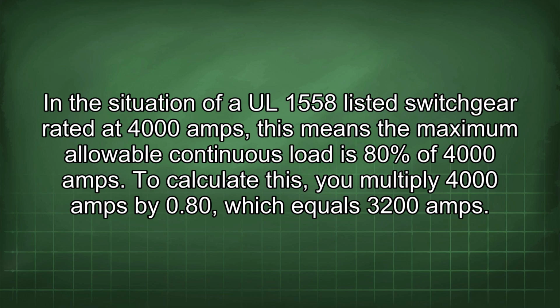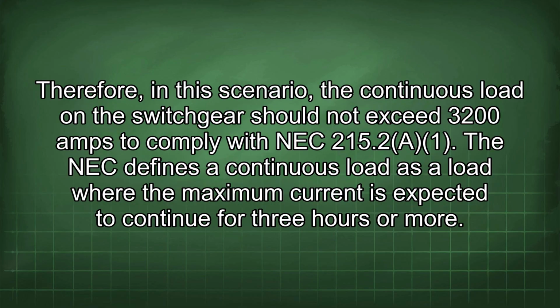To calculate this, you multiply 4000 amps by 0.80, which equals 3200 amps. Therefore, in this scenario, the continuous load on the switchgear should not exceed 3200 amps to comply with NEC 215.2(A).